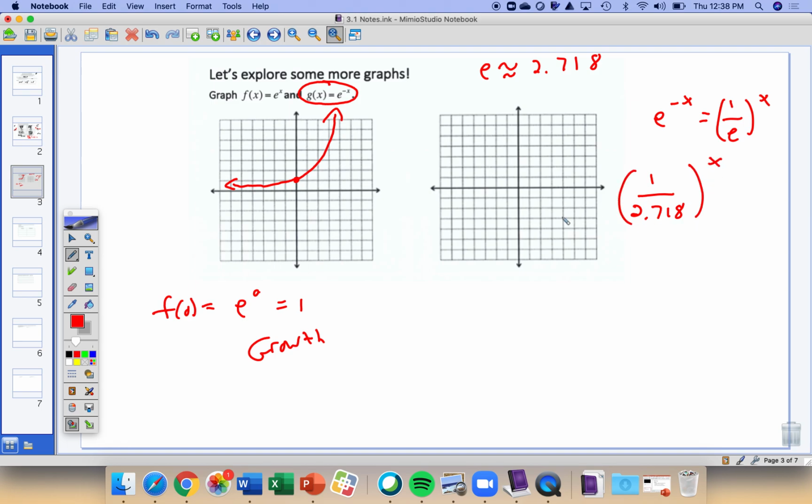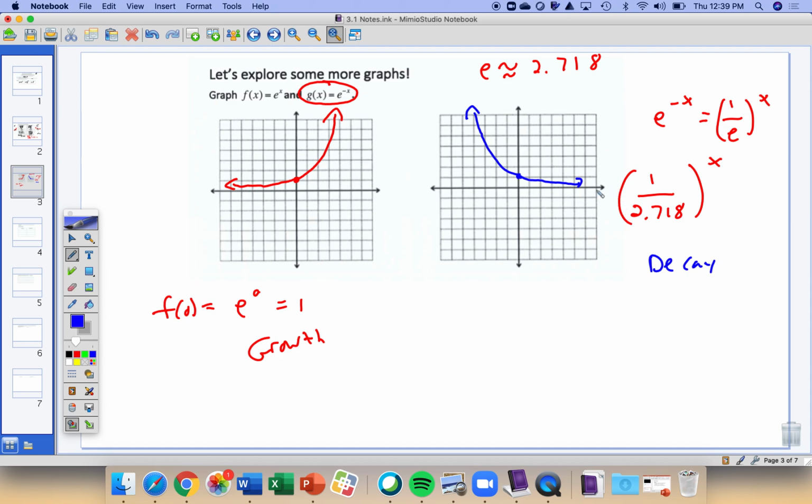And what you learned in the last section is that if I have this base that is smaller than 1 raised to a power, that means that I will have exponential decay. So it will have the same y-intercept, but it will be decaying, meaning getting smaller.